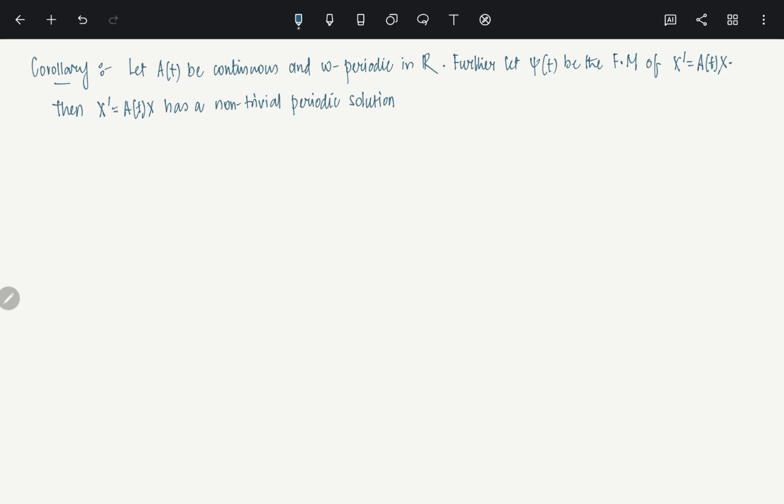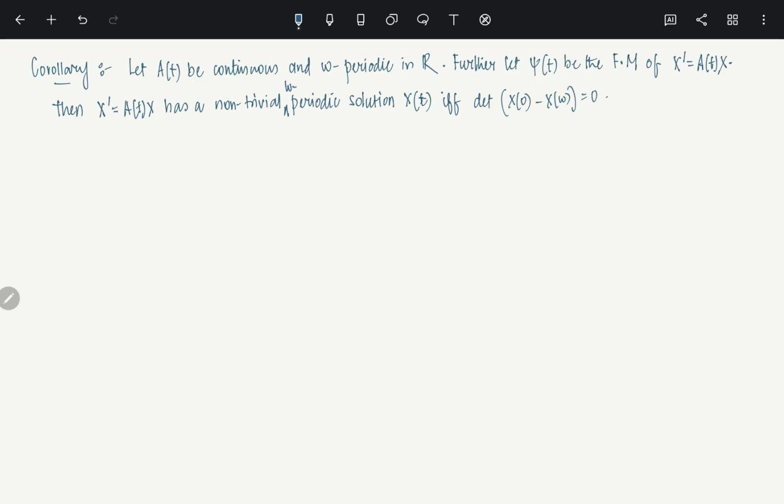Actually, I should write it as a non-trivial w periodic solution x of t if and only if the determinant of phi of 0 minus phi of w is 0.